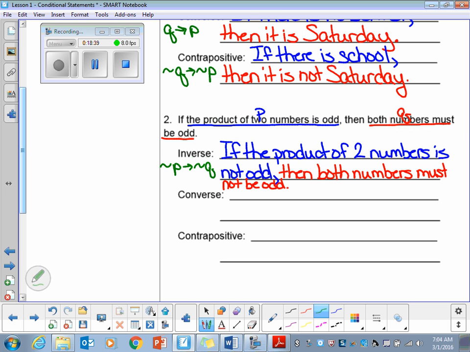All right, next up, my converse. I'm going to switch. So conclusion, then hypothesis.